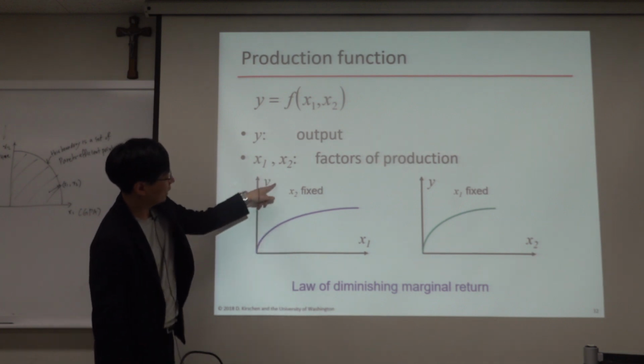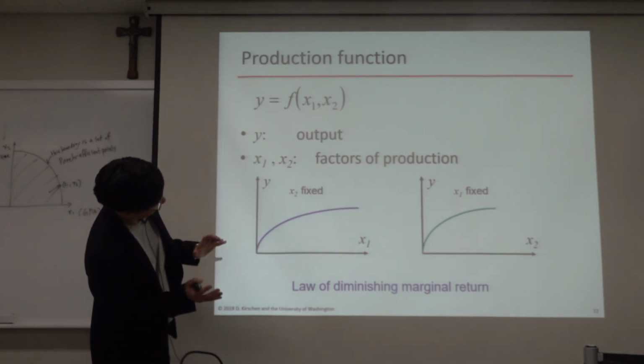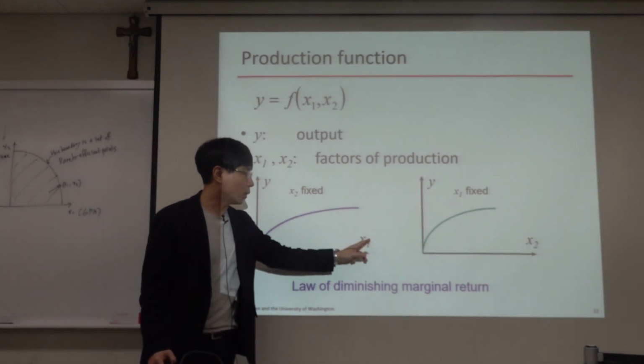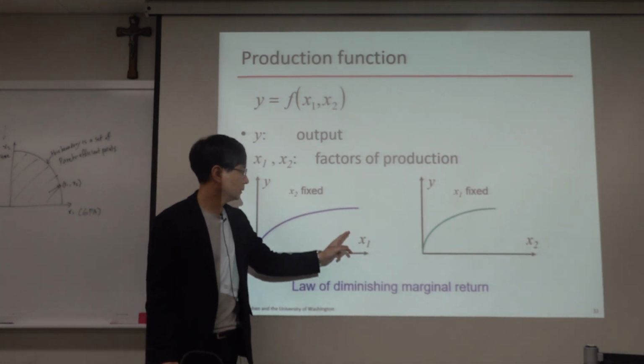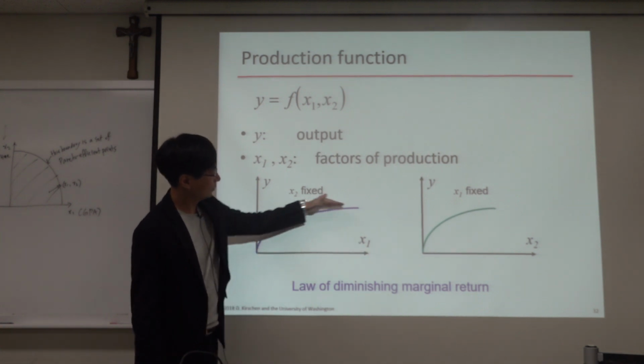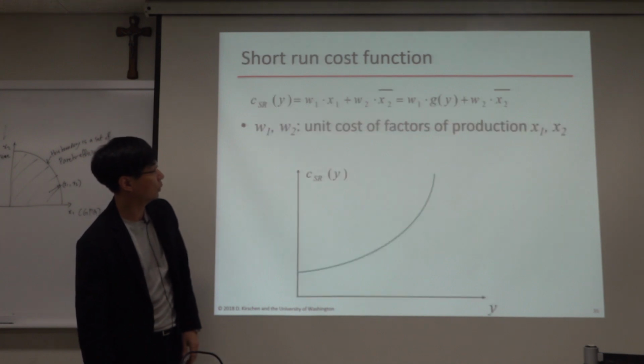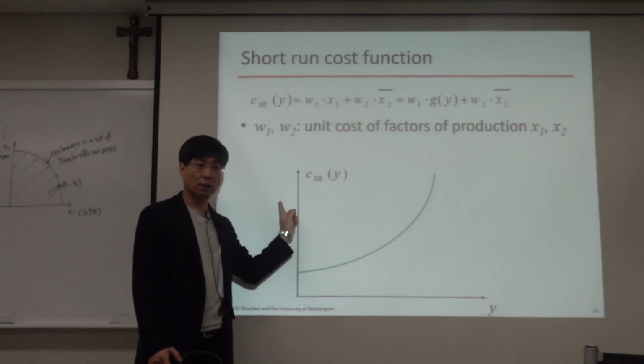So y is here. When you rotate your head 90 degrees, then the amount of required fuel is increasing as a convex function with respect to y. That's why we have this kind of cost function typically.